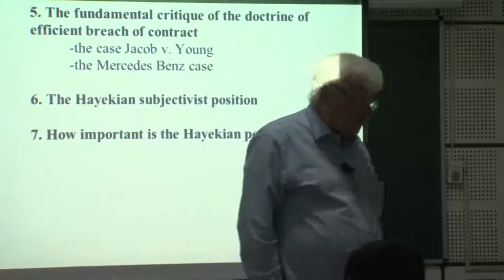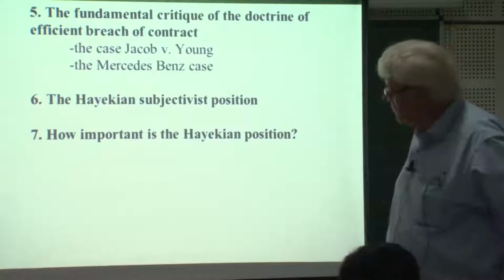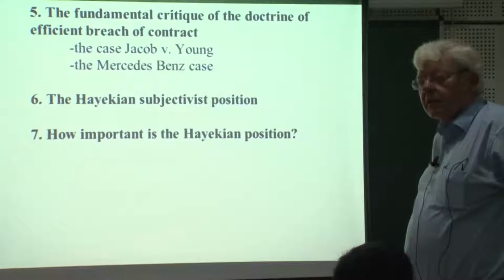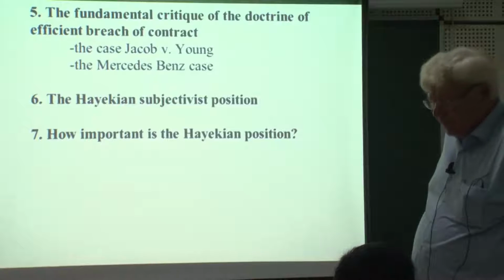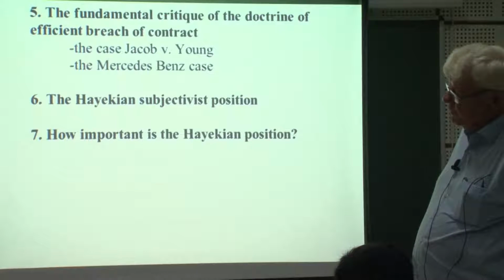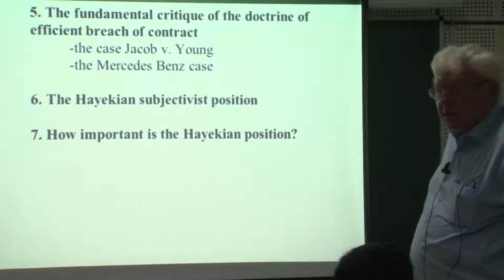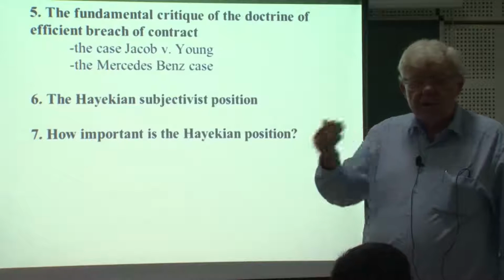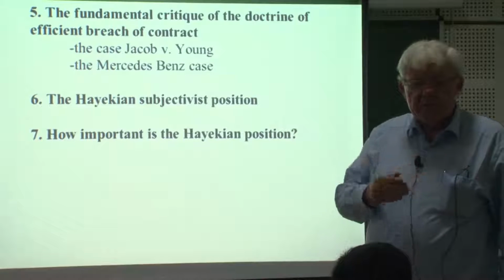Now, what does that mean? Under specific performance, the rule would be this. Under specific performance, now assume that the second buyer would come and offer 180 to the producer.